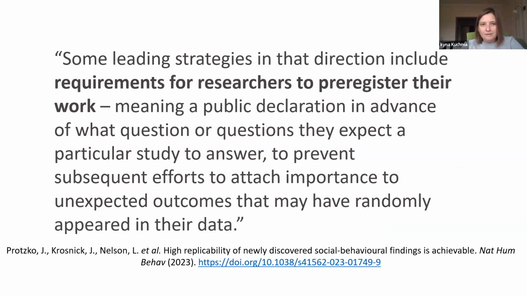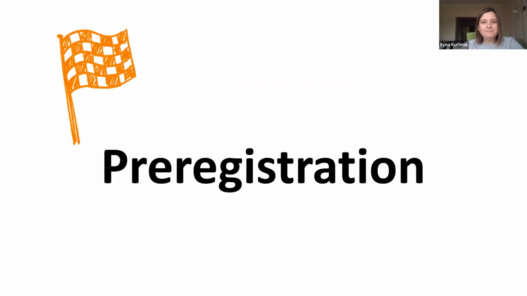So one of the success factors that they mention in this article is pre-registration, requirements for researchers to pre-register their work, which is like a public declaration of what kind of research they are doing, what kind of questions they want to answer with this research, and how they plan to deal with unexpected outcomes that might appear randomly in data.